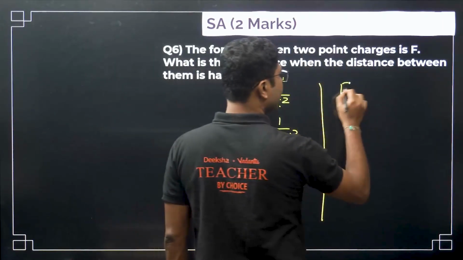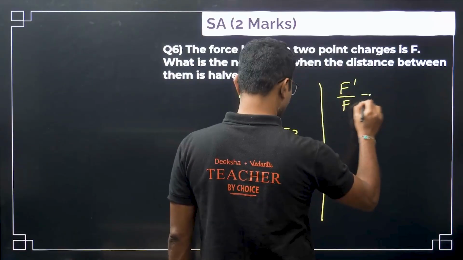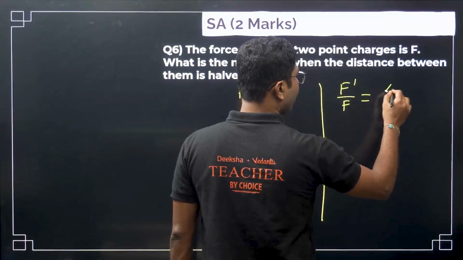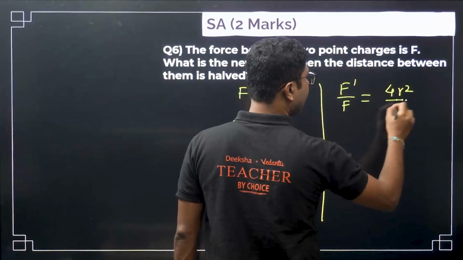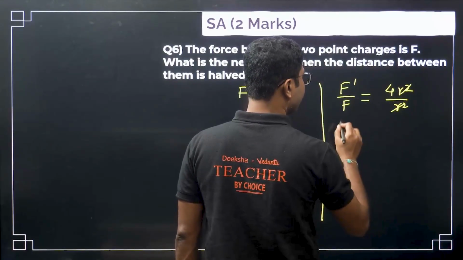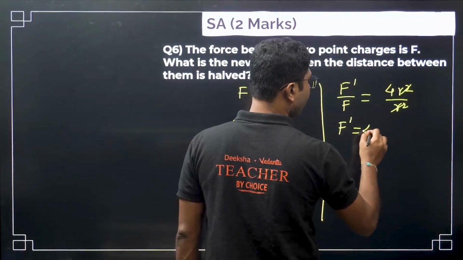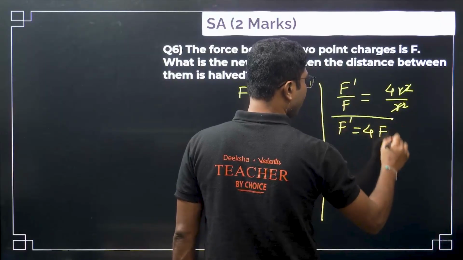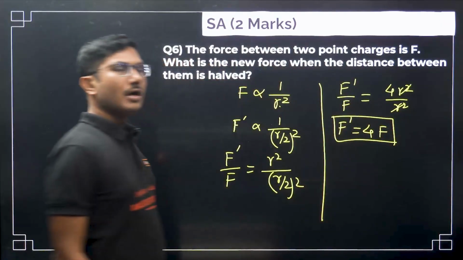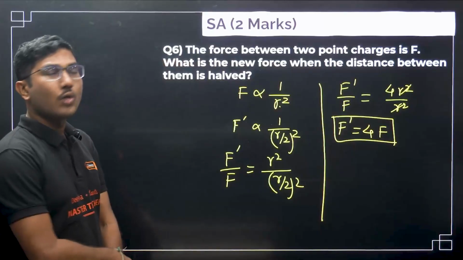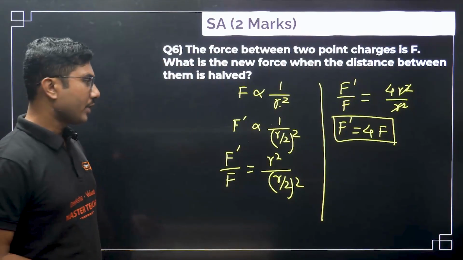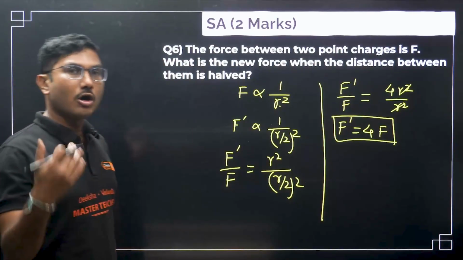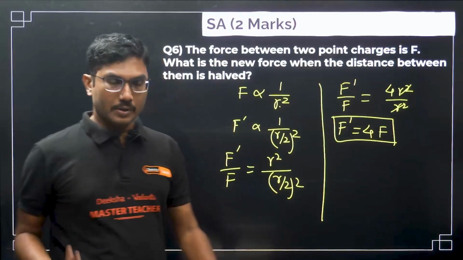So F dash by F equals 4r square by r square, cancel. So F dash will be 4F. So force will be quadrupled. Force will be quadrupled or 4 times. Okay, force will be quadrupled or 4 times, whatever you are comfortable with.